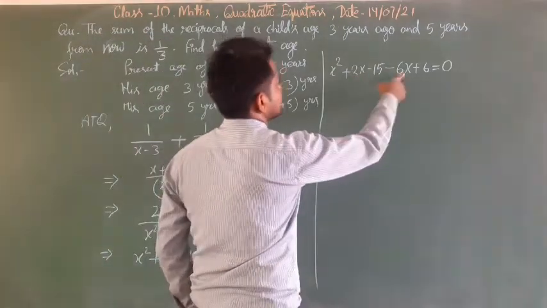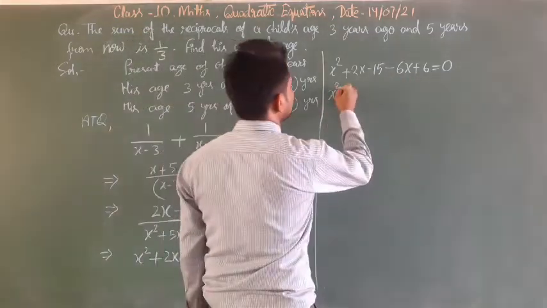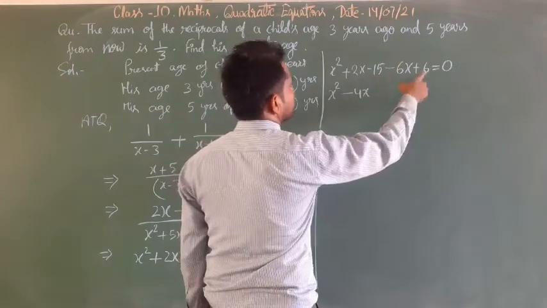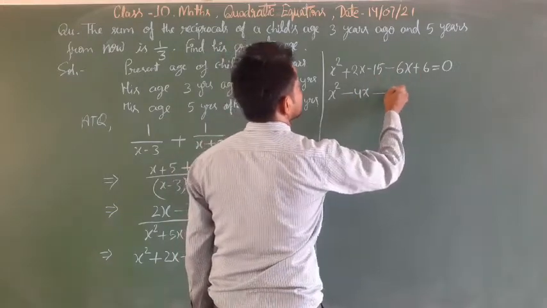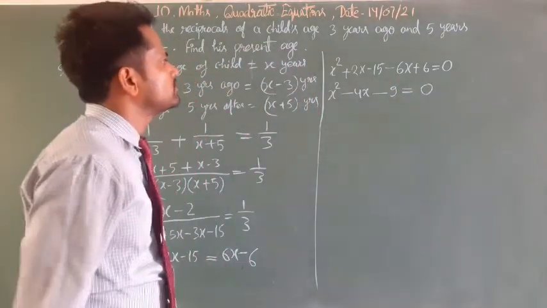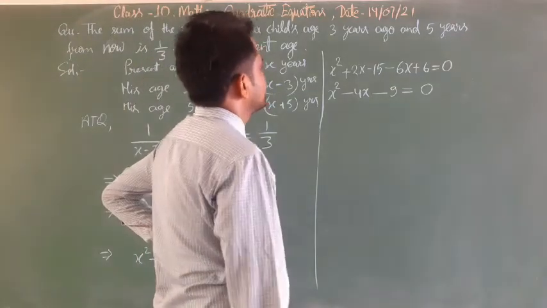Now 2x and 6x are like terms, so that will become minus 4x, minus 15 plus 6, it means minus 9, is equal to 0.